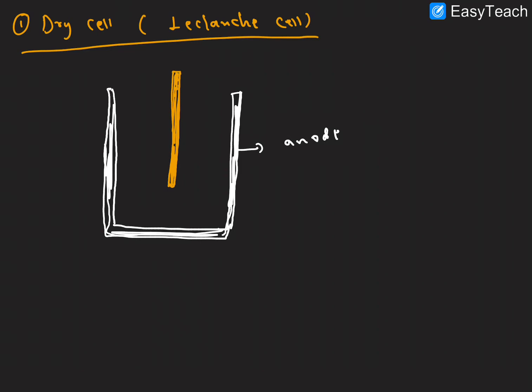This is the zinc container, and this is the graphite, which acts as the cathode. Between the graphite and the zinc container there is some space, which is divided into two parts: some part comes under the graphite, and some part comes under the zinc container.